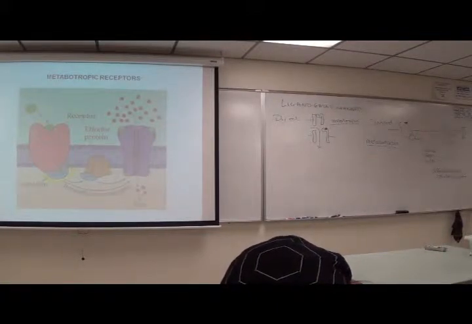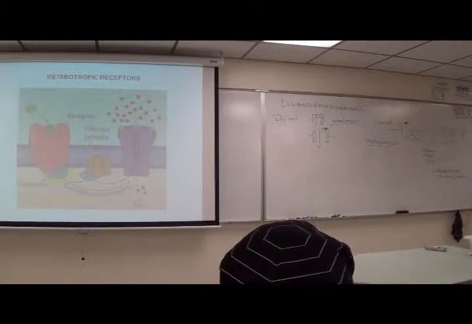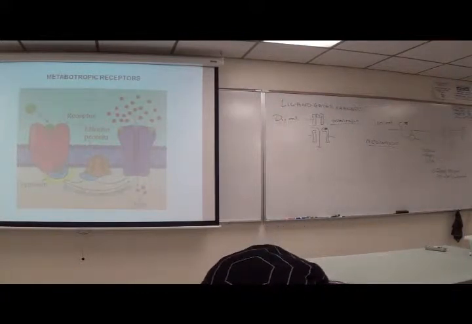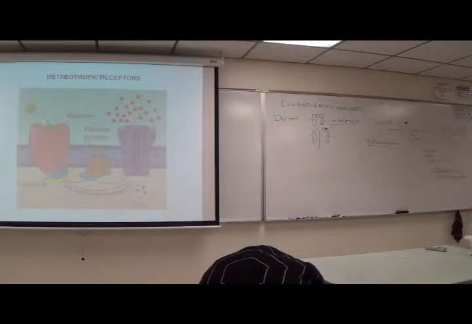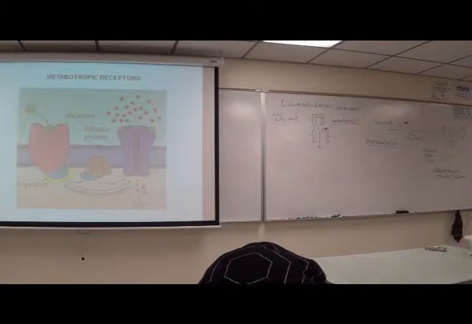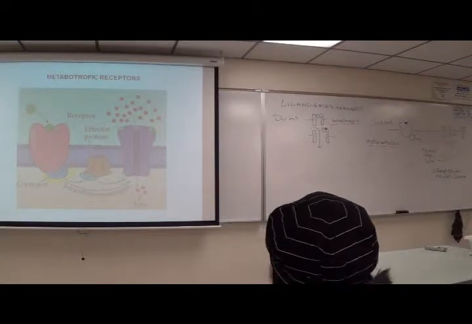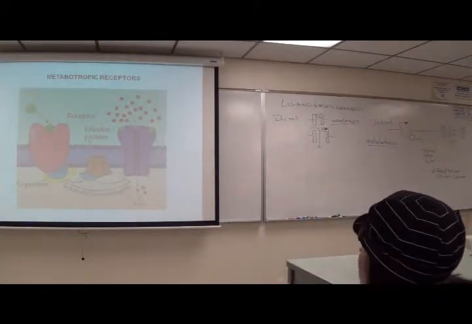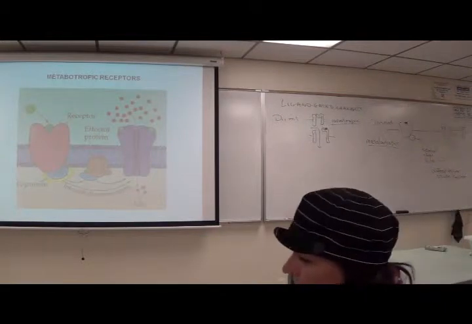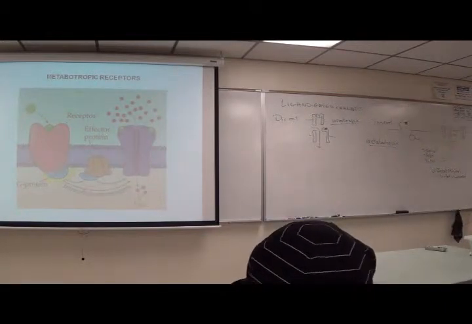So you'll notice down here we talk about a G protein. The G protein term is used for guanine, and it utilizes a GTP molecule. Remember, ATP is how we store energy. GTP is very similar. It's an energy storing molecule. It's guanine triphosphate instead of adenine triphosphate. But that's where the G protein comes from.